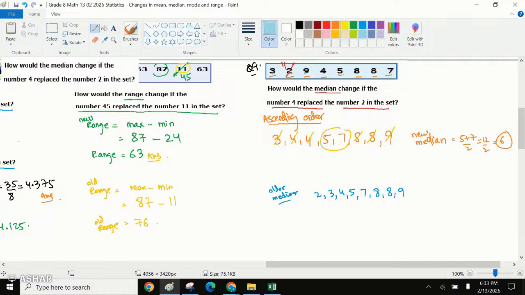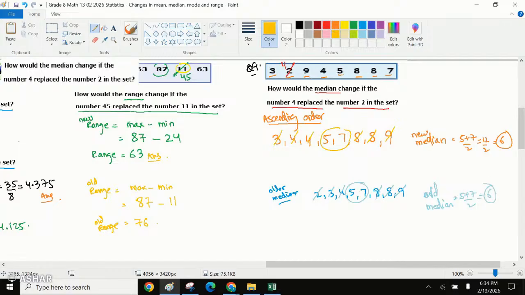So when we are doing this, we cancel these out, and we are still left with the same two numbers. So the old median was 5 plus 7 divided by 2, that is still 6. Why?